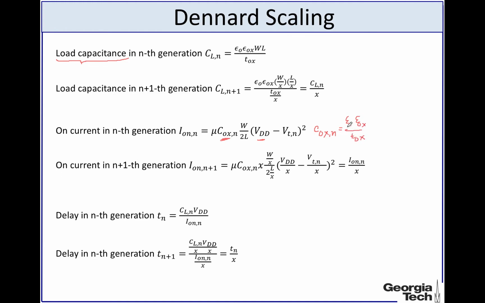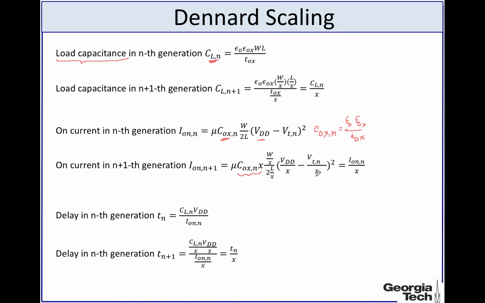Note that this Cox n that goes into this equation is capacitance per unit area, and if you multiply it with the area of the transistor WL, then you get the load capacitance, the total capacitance. Now if you go to the n plus 1 generation, this Tox is replaced by Tox over X, and as a result in the place of Cox n, you will get Cox n multiplied with X, then again W replaced with W over X, L replaced by L over X, and VDD replaced by VDD over X.